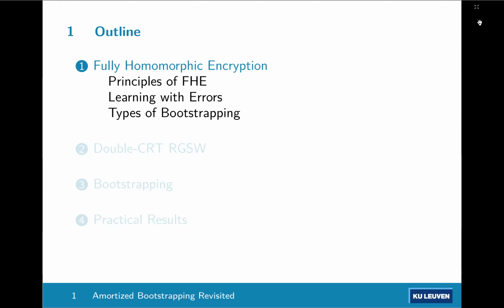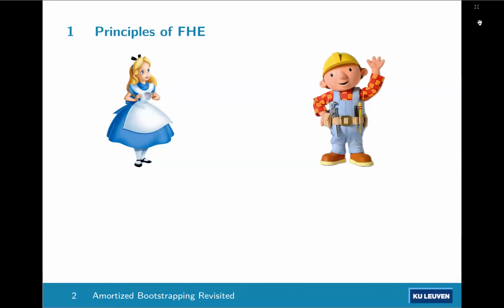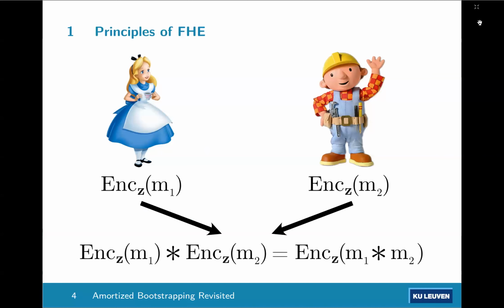In fully homomorphic encryption, generally it is our intention to take multiple messages, encrypt them, and then do operations on the encryptions. And what comes out is the operation done on the underlying messages in an encryption.